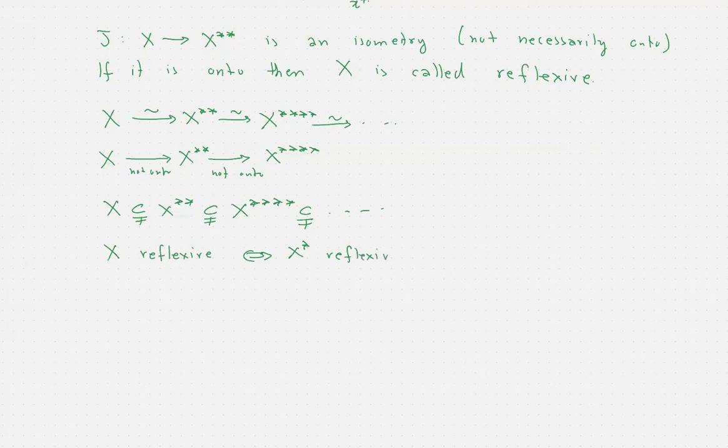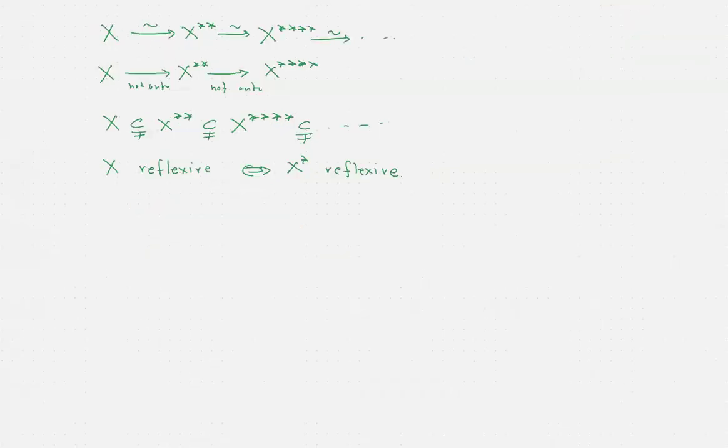And out of the spaces that we have seen, it's useful to see which ones are and which ones are not reflexive. So all the Lp spaces for p between, I'm sorry, 1 and infinity, are reflexive.